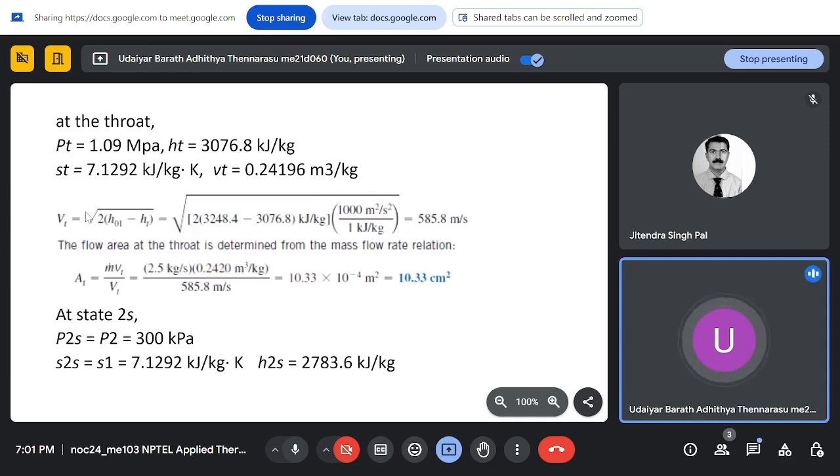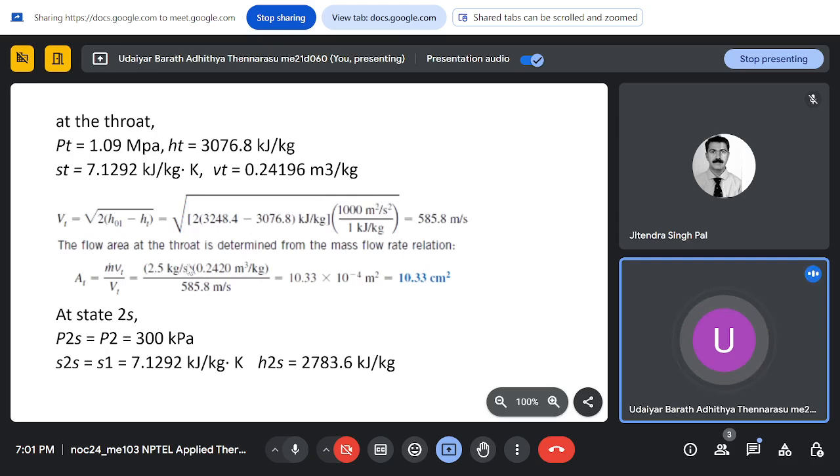Because we are considering the inlet and the throat, the throat velocity becomes root of 2 times 3248.4, which is the inlet enthalpy, minus 3076.8, which is the exit enthalpy, which gives me 585.8 meter per second. So this is the sonic velocity.